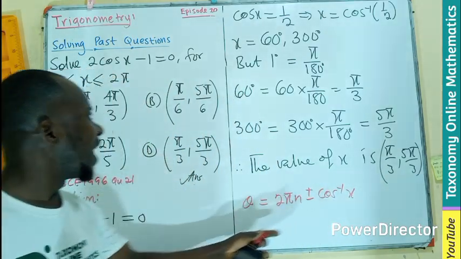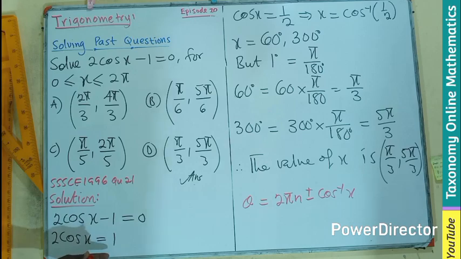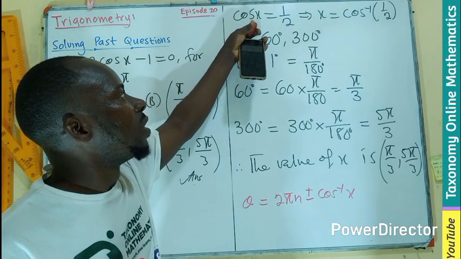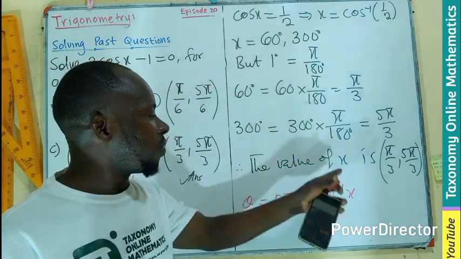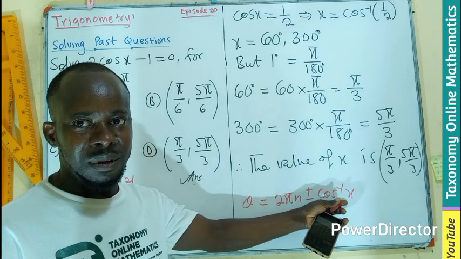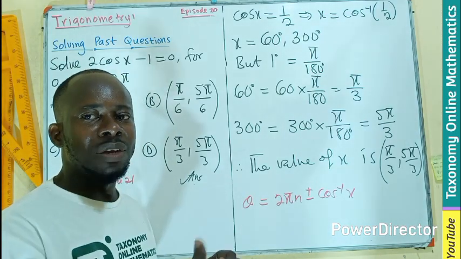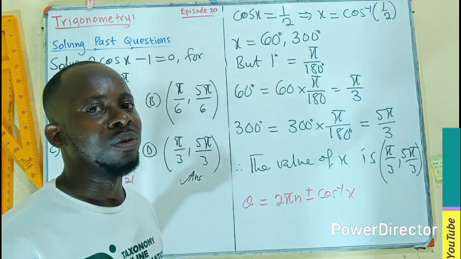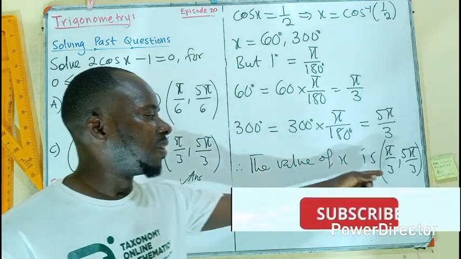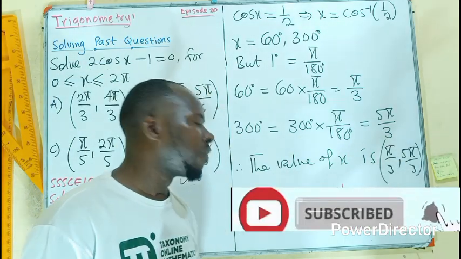The cos inverse of x, right from here directly. So we just put the cos inverse of 1 over 2 here directly. That is how we use the general solution formula to find all other values. So it means we have 2 values. This is in the first quadrant, this is in the fourth quadrant.